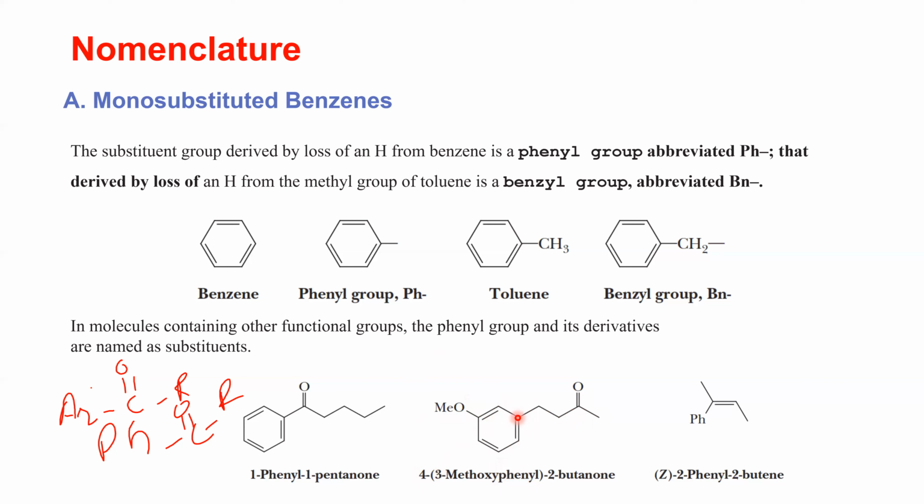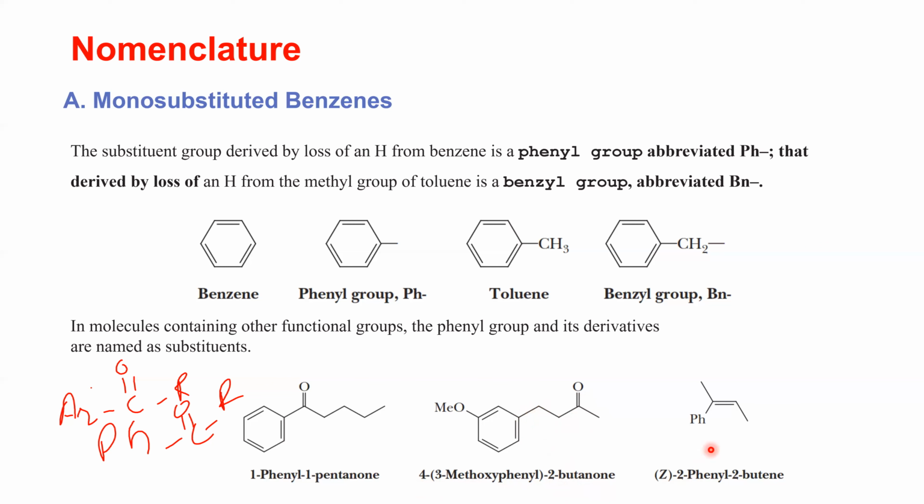So 1, 2, and 3. There is a third position with a methoxy, so this is a methoxyphenyl. And here is a four carbon chain, where the carbonyl is at the second carbon. So this is 4-(3-methoxyphenyl)-2-butanone.